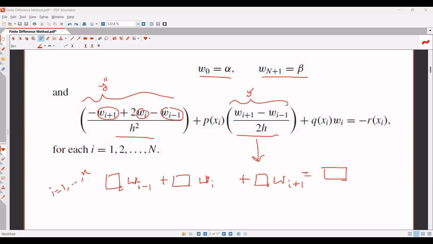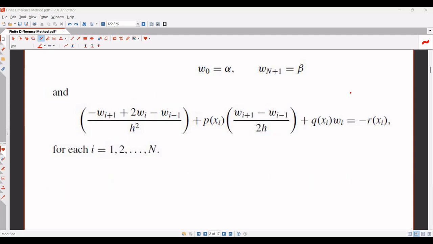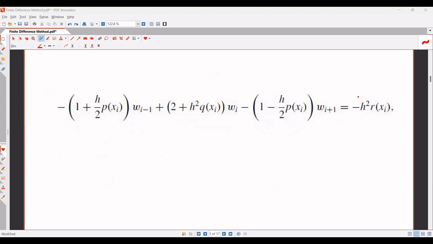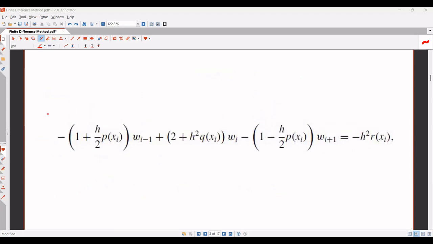system of equations. So if you keep putting i equals 1 through n, you would get n equations involving n variables from w1 to wn. But the final system would look something like this. This is the one after simplification.